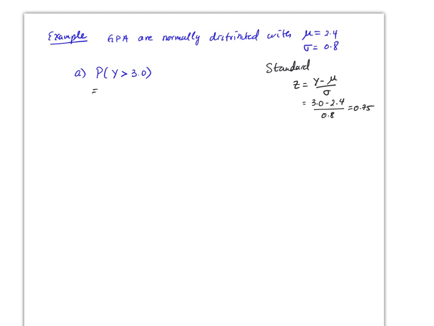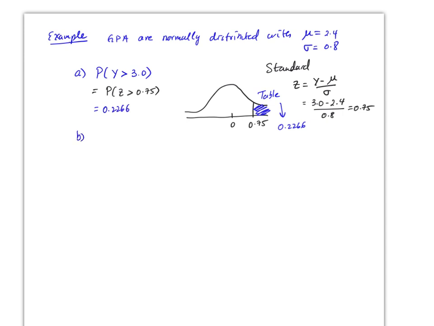So therefore, this is equivalent to finding the probability that the standard normal is more than 0.75. So then you should look at the table. 0.75 is here. Greater means to the right. So remember, this is the value you will get from the table. And you look to the table, this is actually 0.2266. So therefore, this is just 0.2266, and that's it.